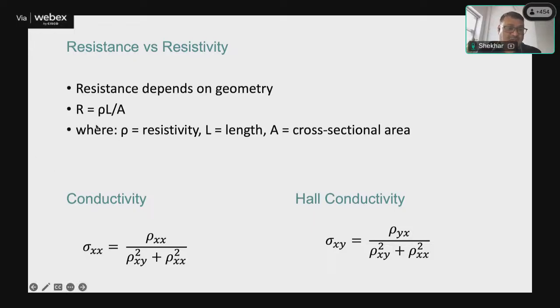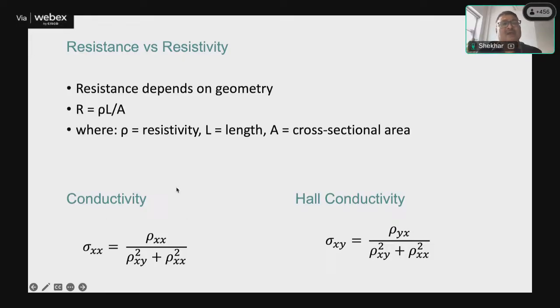Then finally, after measuring the resistivity, we apply this formula, because conductivity is a tensor quantity. We have to take the diagonal elements and the off-diagonal elements from the matrix, and then we convert resistivity into conductivity.